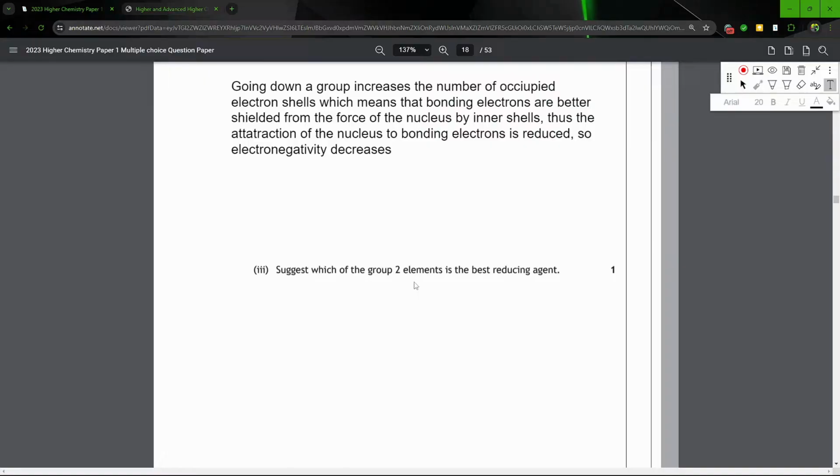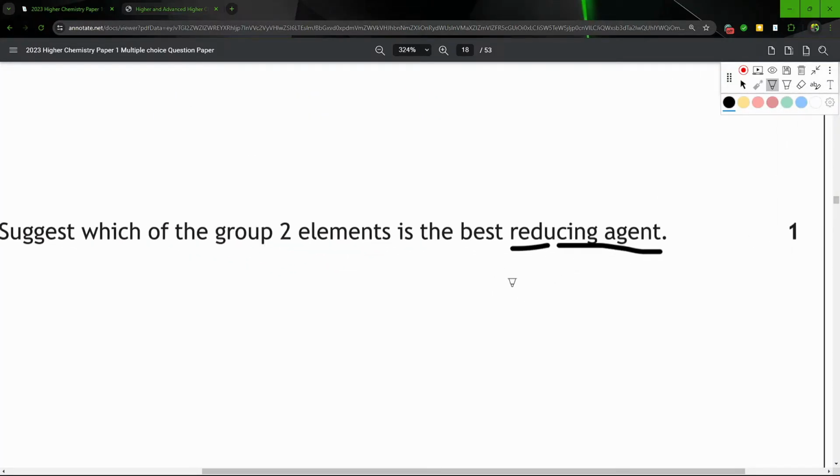Sorry. Suggest which of the group 2 elements is the best reducing agent. So remember, a reducing agent is something that wants to help others get reduced, and reduce means lose electrons. So a reducing agent should be something that oxidizes quite easily.